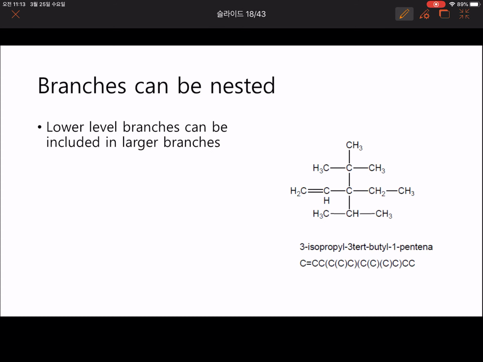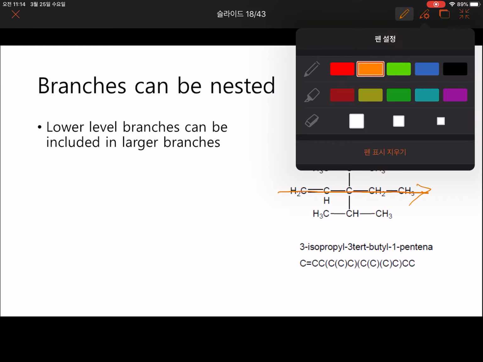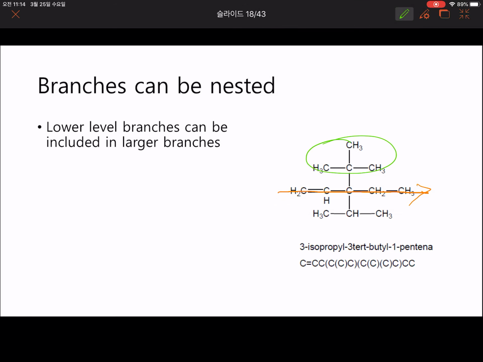Also, branches can be nested. So if you look at this example, 3-isopropyl, 3-tert-butyl, 1-pentanol molecule, which is quite complicated. Let's say this is the main chain. Then we can say that this one is branched and this one is branched.